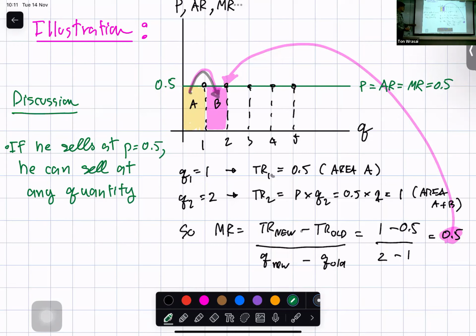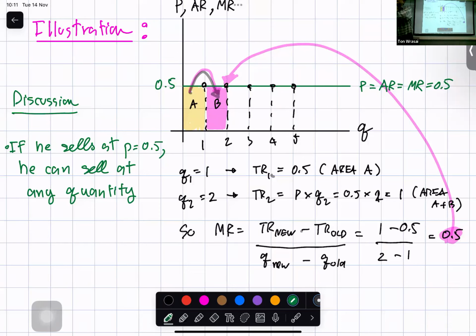Discussion, the first bullet. If this small firm decides to sell at the market price, 0.5, he can sell at any quantity. We call him a small firm. Small firm means the amount that this firm produces and sells is little, let's say he has only 2 or 3 photocopy machines in his shop.